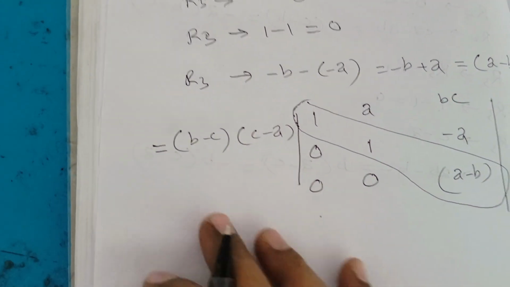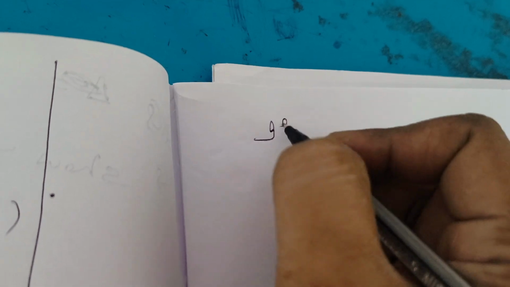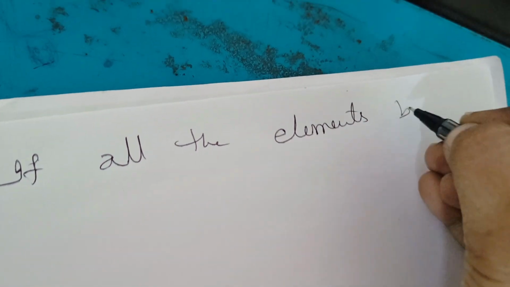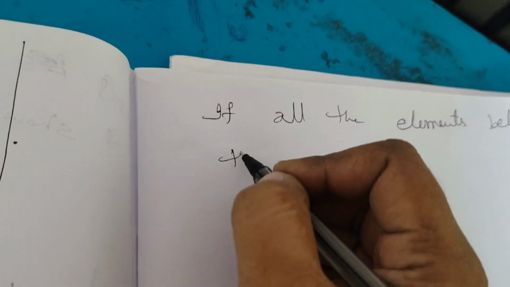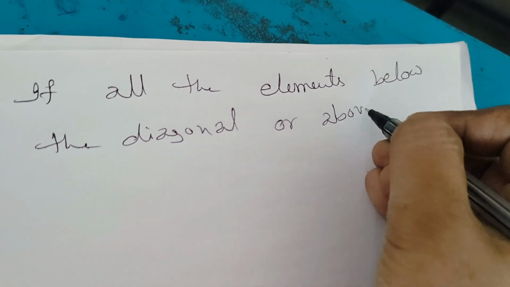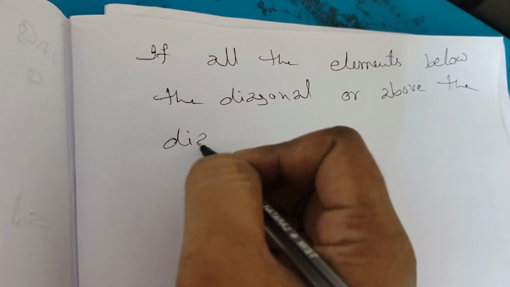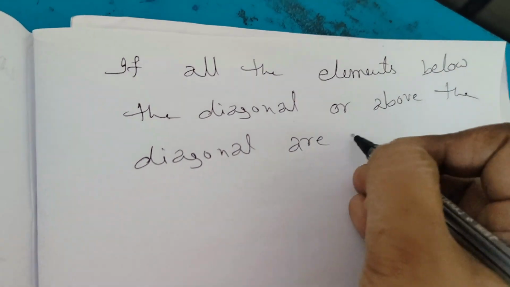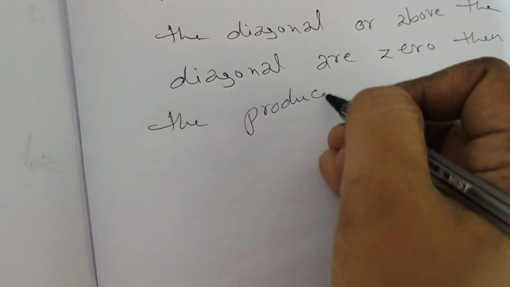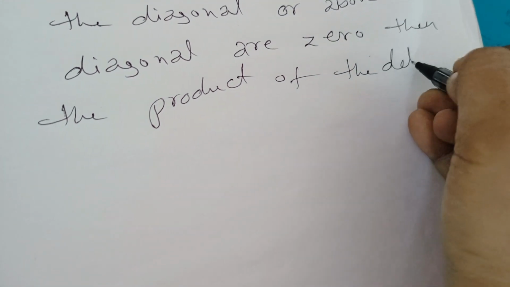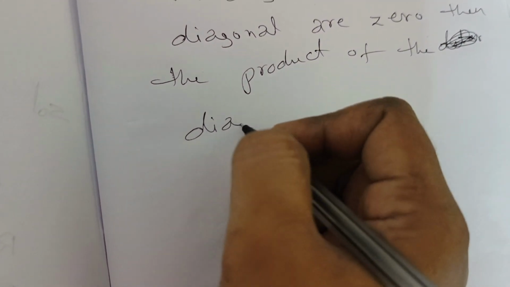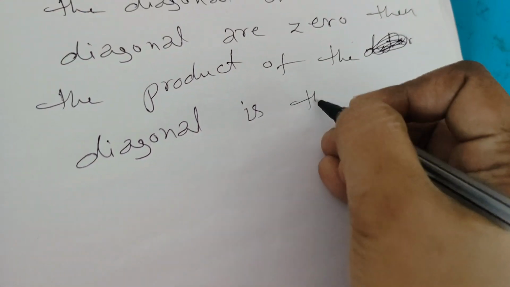So here we will write the property: if all the elements below the diagonal or above the diagonal are 0, then the product of the diagonal is the determinant value.